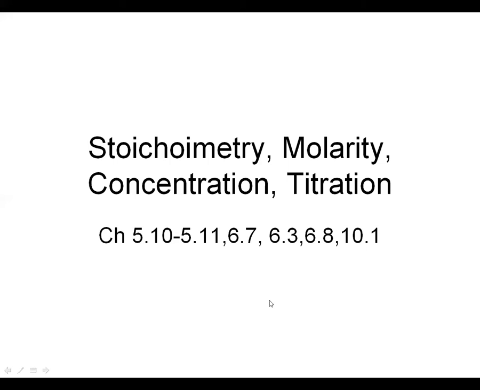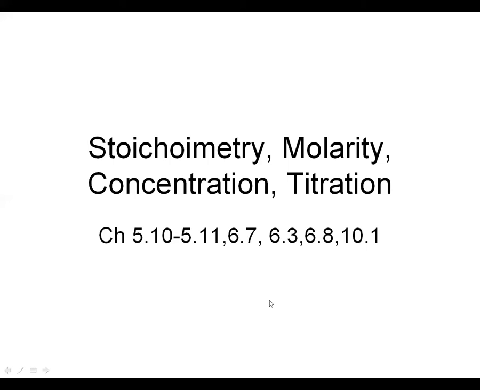All right, so what we're going to do now in this chapter is put a couple of things together. We're going to put our grams to moles calculation together along with balancing equations. And we're going to talk about stoichiometry, which is essentially using balanced equations to figure out, for example, how much product you may make. You can also figure out, if you know how much product you did make, how much reactants you started with.